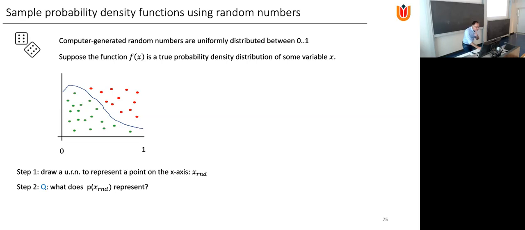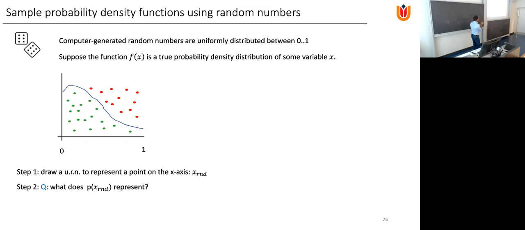Yeah, so now if we take an arbitrary function again, a probability density function of some variable x, I would do the same thing. I would draw a uniform random number between 0 and 1 to represent the point on the x-axis, so that would be here.